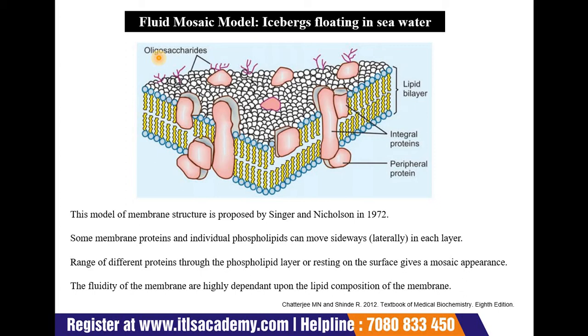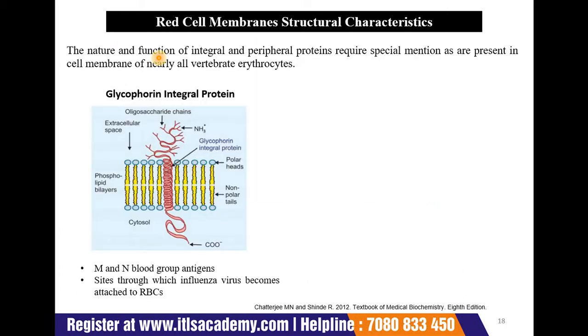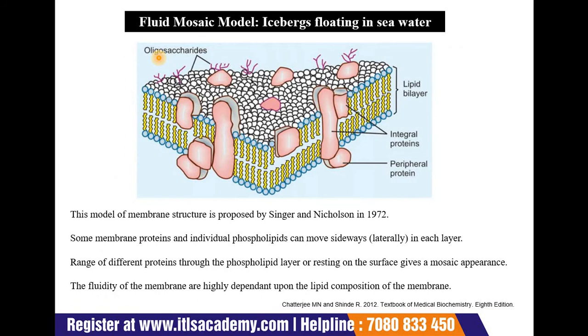Some membrane proteins and individual phospholipids can move sideways. Basically, they can move laterally in each layer, and the range of different proteins through the phospholipid layer or resting on the surface gives this mosaic appearance. In the structure, translational diffusion happens.